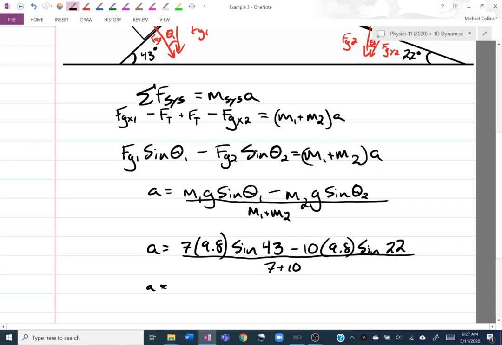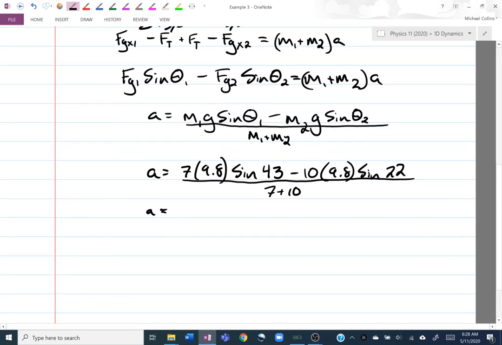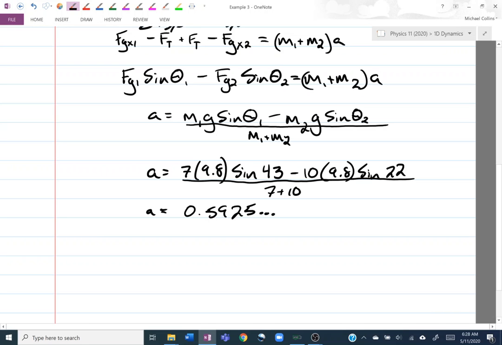And I get that my acceleration is 0.5925 and a bunch of other decimal points, which I'm going to keep in my calculator but not write all the way out. I'm going to leave it like that because it's not a final answer.